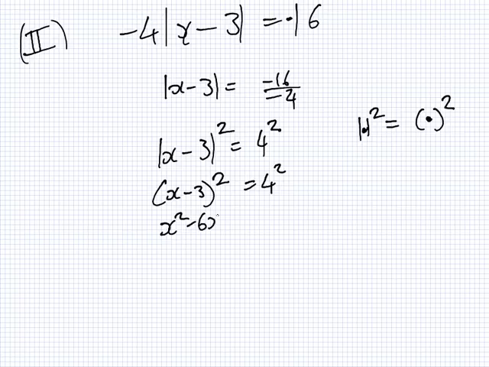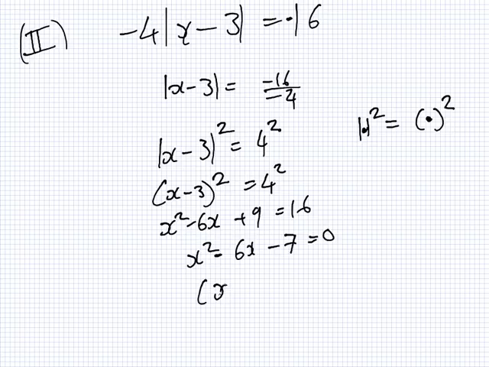Then I expand: x squared minus 6x plus 9 equals 16. So x squared minus 6x minus 7 equals 0.